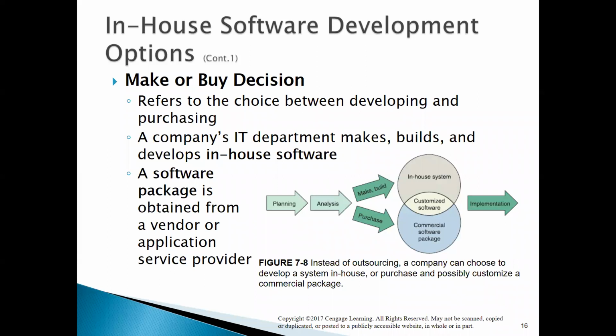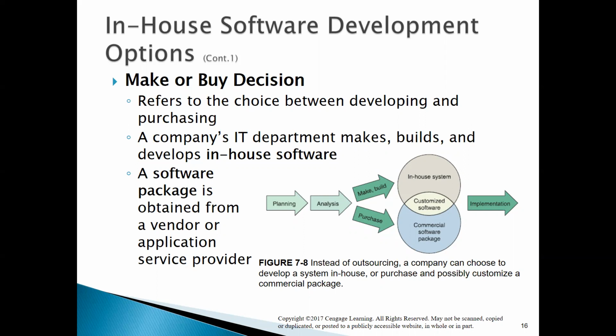In-house software development, make or buy decision. It refers to the choice between developing and purchasing. A company's IT department makes, builds, and develops in-house software, or a software package is obtained from a vendor or an application service provider. Which decision you take basically depends on the organization's resources.